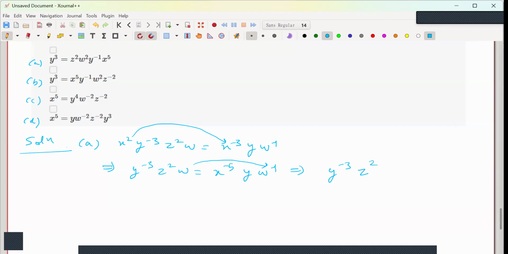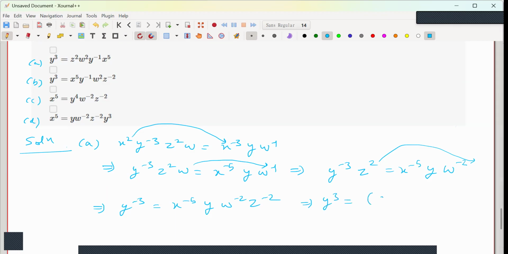This will be y minus cube z square x minus 5 y w minus 2. And then take this z also to this side. This will be y minus cube x minus 5 y w minus 2 z minus 2. Now we want y cube, so we will take the inverse.